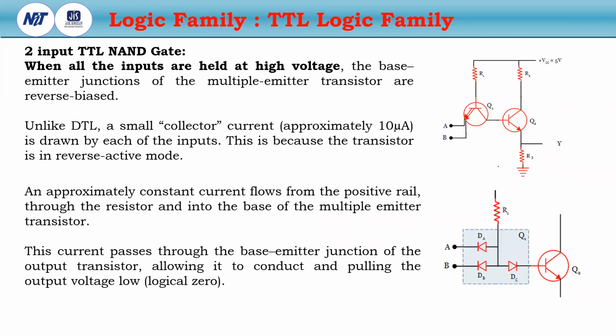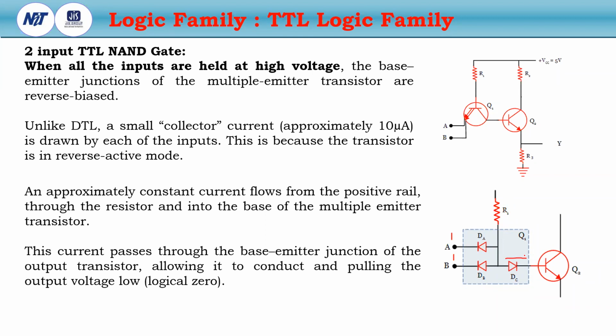So now the operation. When all the inputs are held at high voltage, that means this is 1 and this is 1. So both the diodes DA and DB are in cutoff, or the reverse mode. These two diodes are not conducting, so the current will flow through this.